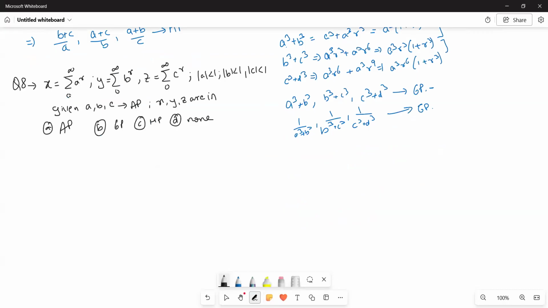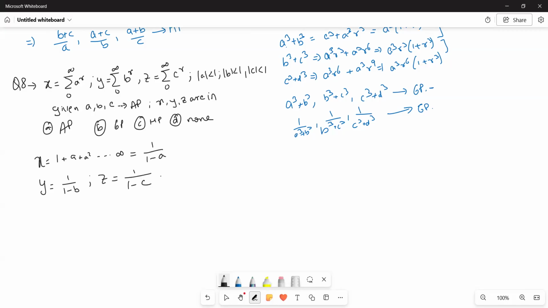Now, a power r with summation 0 to infinity will basically end up becoming the sum of an infinite series. Look, X would be, putting r as 0, 1 plus a plus a square going up till infinity. And what's the sum of an infinite GP? A by 1 minus r. So X would be 1 by 1 minus a. Y similarly would be 1 by 1 minus b, and Z similarly would be 1 by 1 minus c.